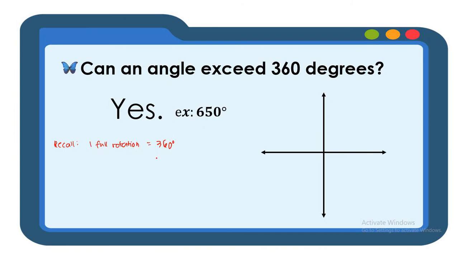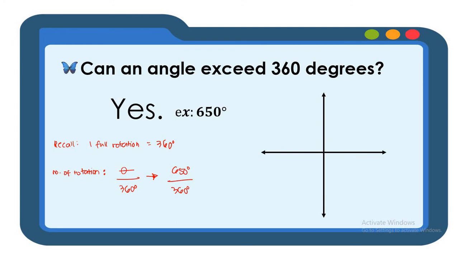So we need to identify how many rotations happened in 650 degrees. And how will we know the number of rotations? We simply need to divide the angle by 360 degrees. So to know the number of rotations made given an angle, we use the formula theta divided by 360 degrees, then we get the whole number. So let's substitute 650 degrees and divide it by 360 degrees.